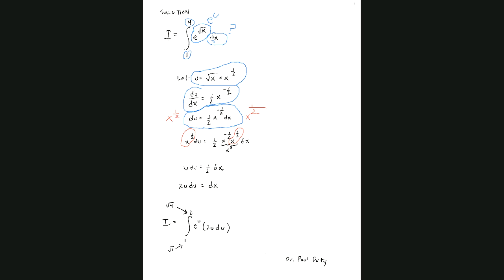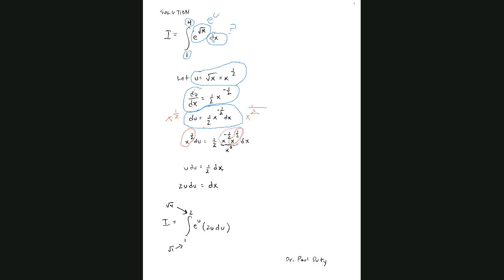Now, why do I multiply by x to the 1/2 power? On the right side we have x to the negative 1/2 times x to the 1/2. But when the base is the same, what do you do with the exponents?